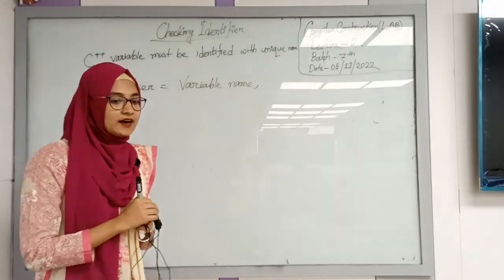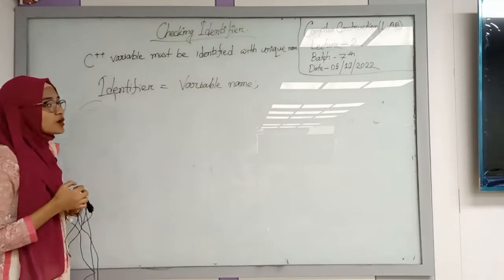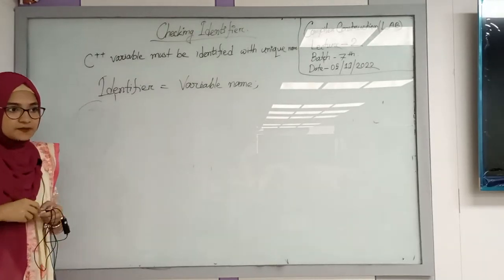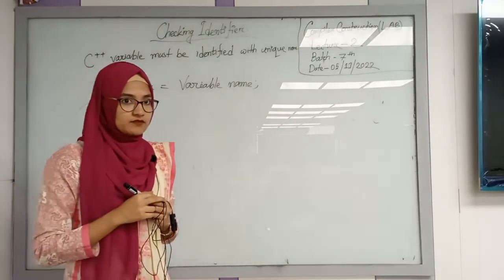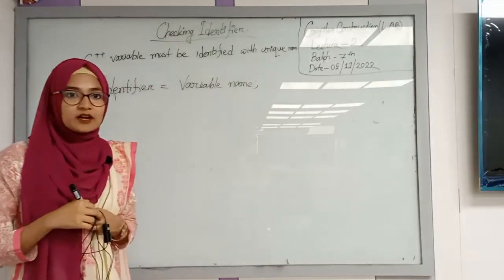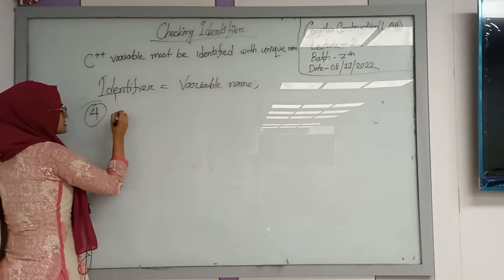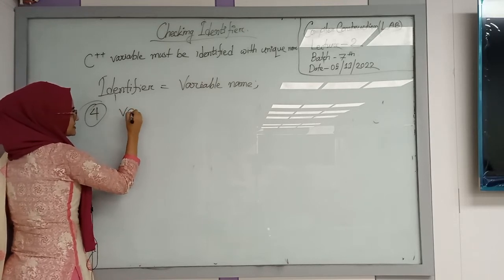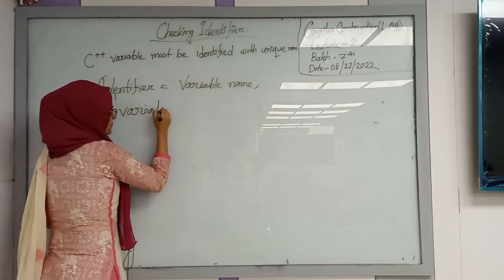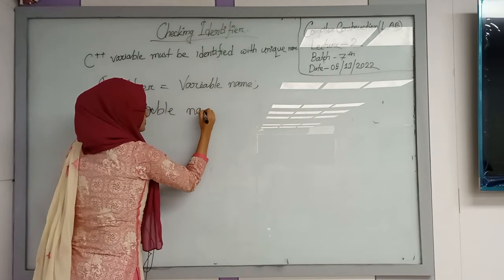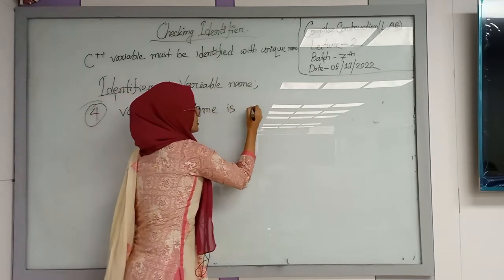Okay, there are other things also. We all know C++ is very much case sensitive, right? What is the meaning of case sensitive? Another rule is that variable name is case sensitive.